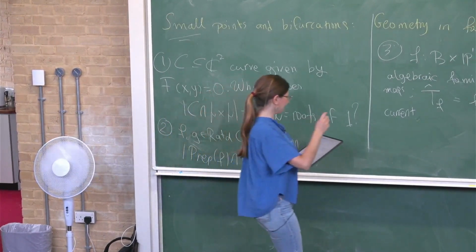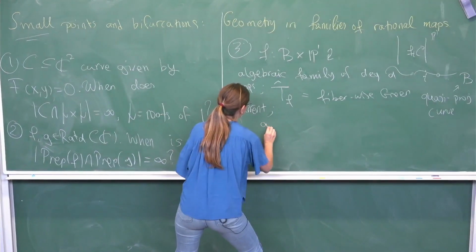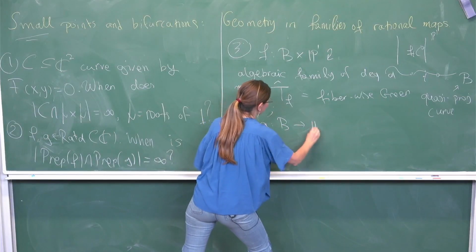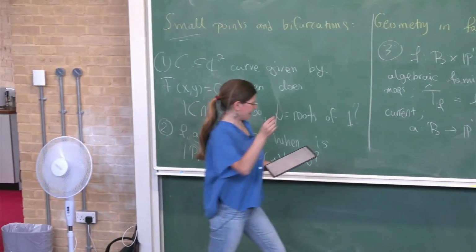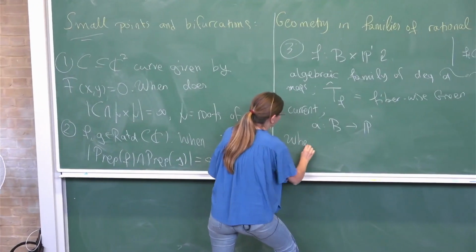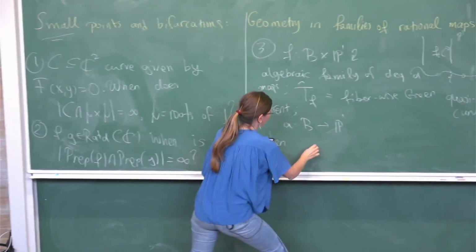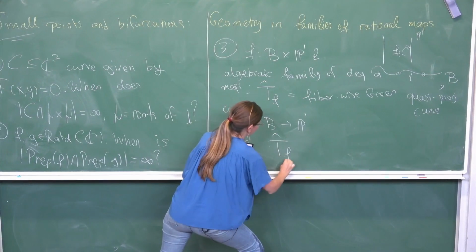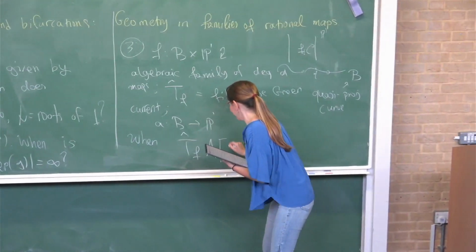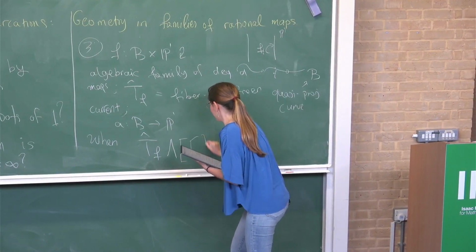And we fix also a marked point from B to P1, some rational map. Okay, and the question is, when is this current 0 when restricted to the graph of the marked point.